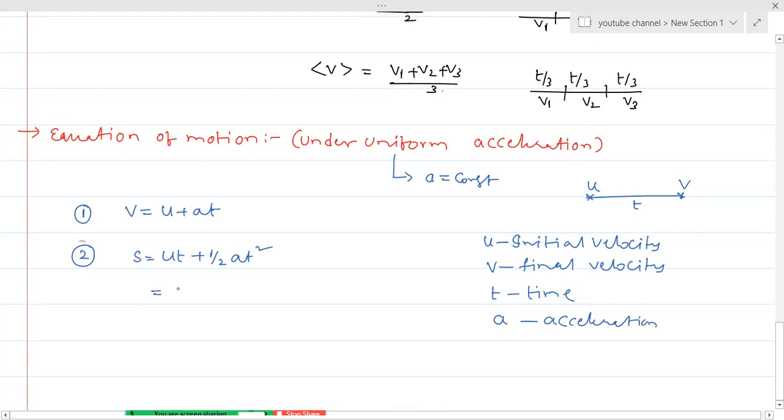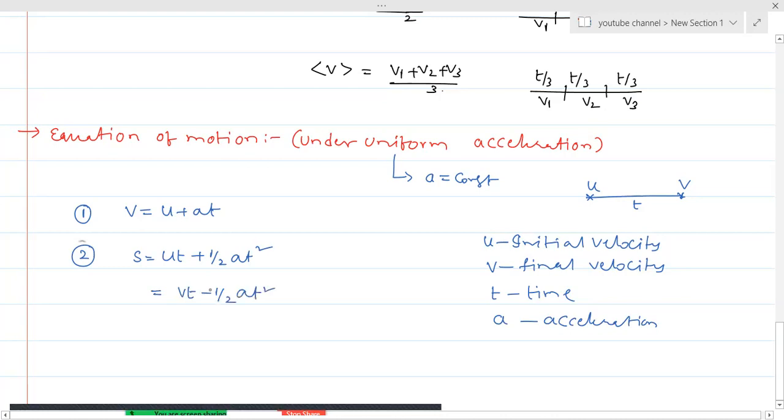Or we have another approach, vt minus half at square. We are substituting u equals v minus at in this equation, that means substituting equation 1 in equation 2. So we will get another form of distance, that is vt minus half at square.